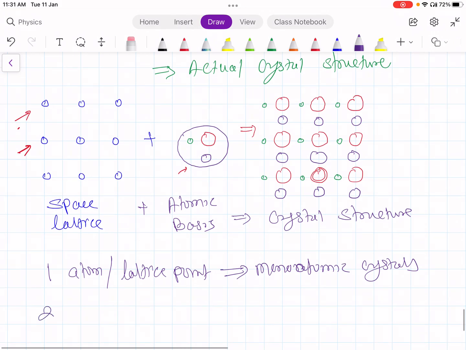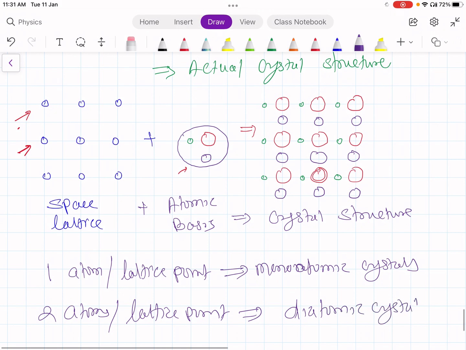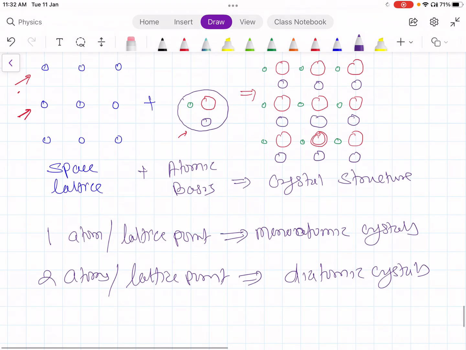If there are two atoms per lattice point, then it is called a diatomic crystal. If there are three, then triatomic, and so on. We are going to study in this chapter the structure of monoatomic crystals as well as the structure of diatomic crystals. So that is the concept of atomic basis.